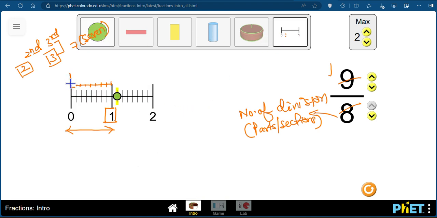When I start my counting from the starting point, beginning 0, and count 3 parts, one part, second part, and third part, when I include all the parts, how many parts did I include? 3 parts. When I say 3, it means include every part that came before from 0. This is what 3 means.